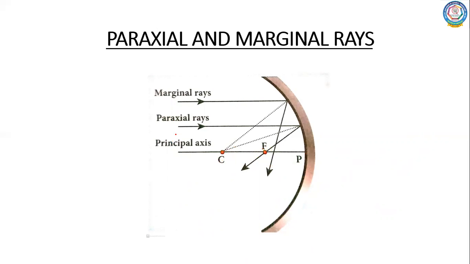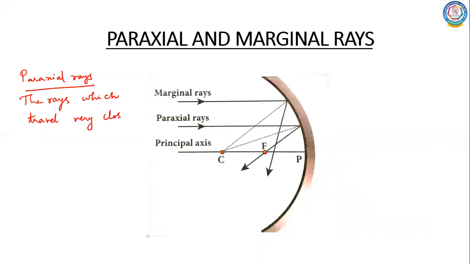Now what are paraxial rays? Paraxial rays are the rays which travel very close to the principal axis and make small angles with it.